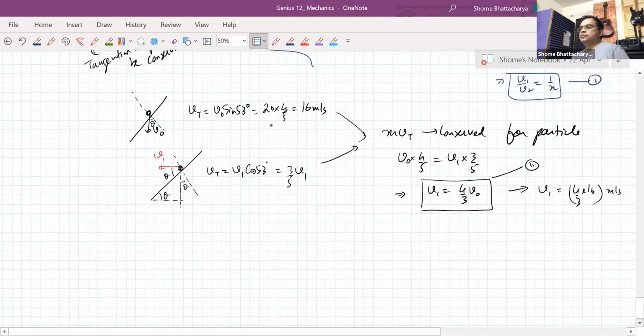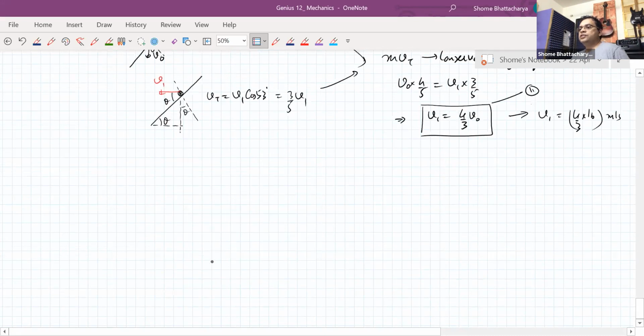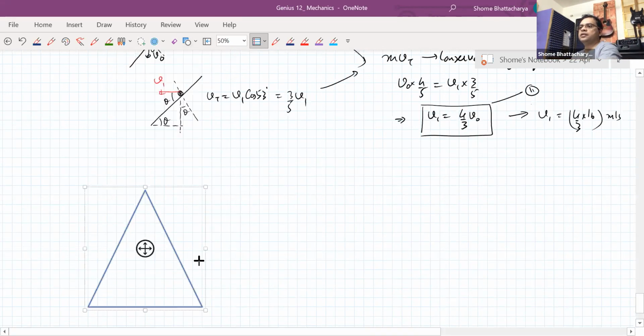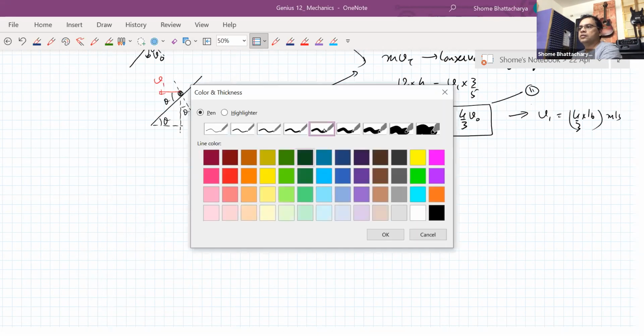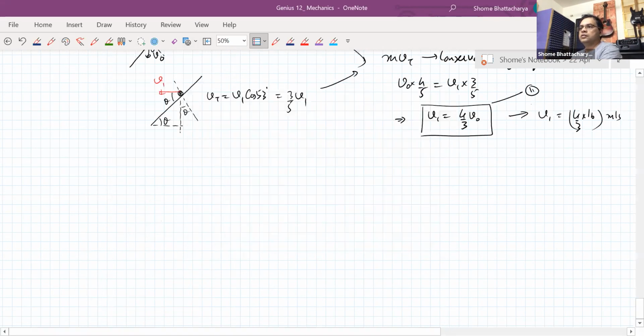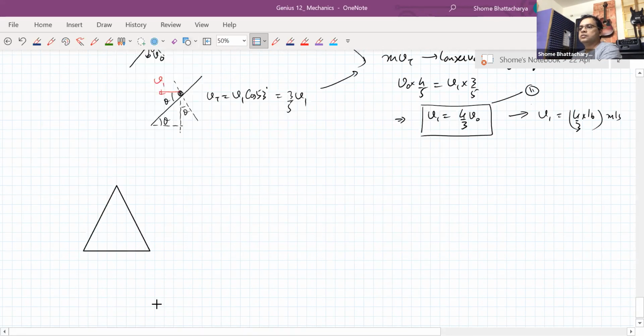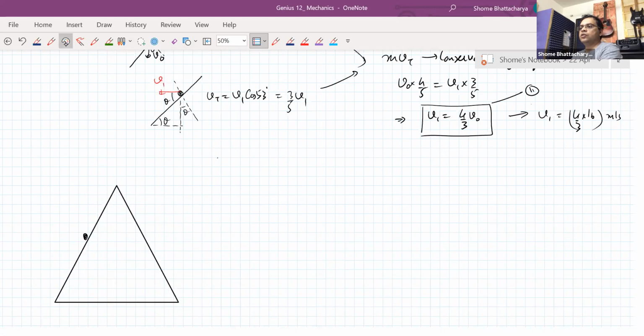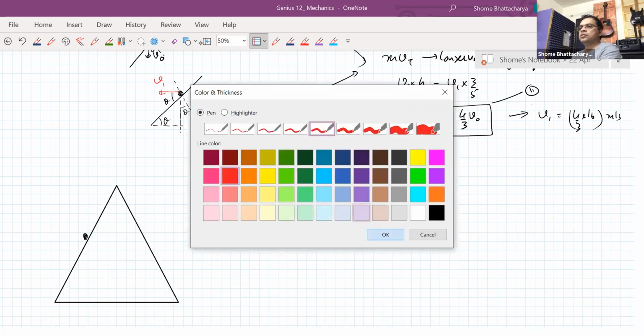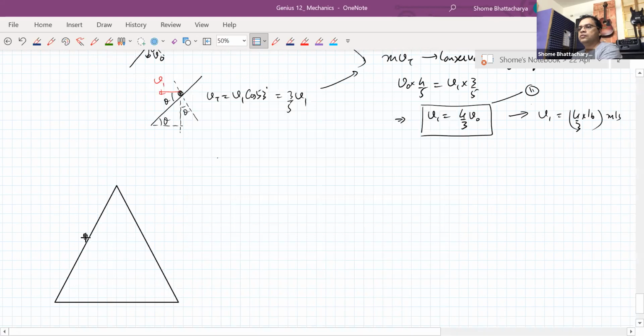Okay, so I have this now. Now the coefficient of restitution equation. Let's see how we'll make use of that. So before the impact, we had a situation like this, that the particle came and hit the block with a velocity like this.